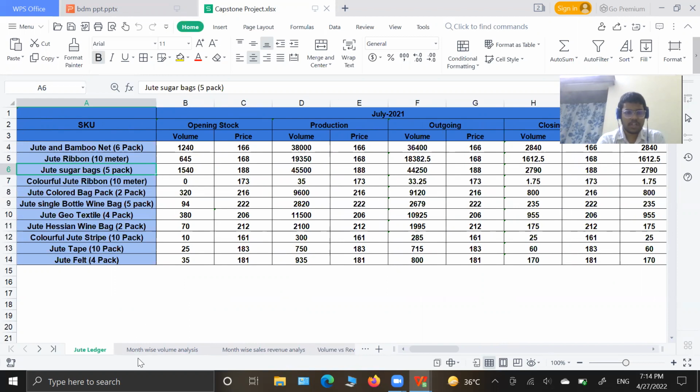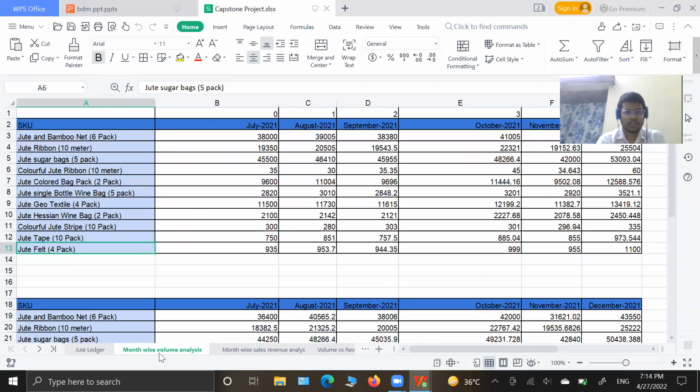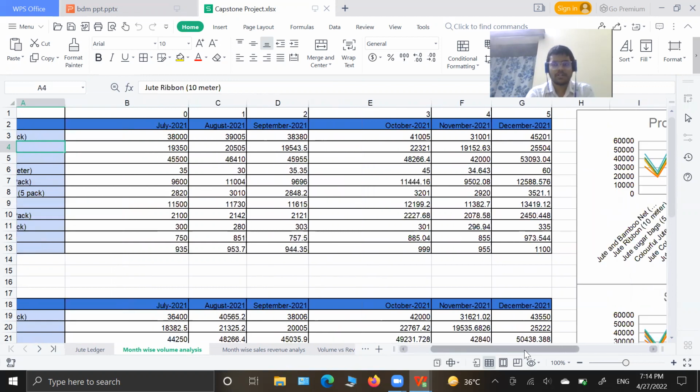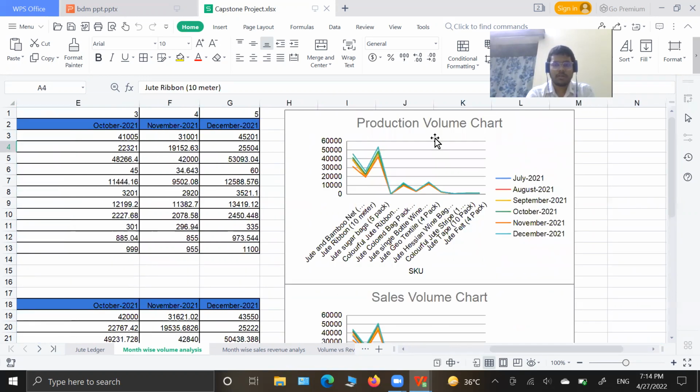Let me show you the analysis. I constructed a month-wise volume analysis table. I used the VLOOKUP command in Excel to do all this. I made a production volume chart of each product.